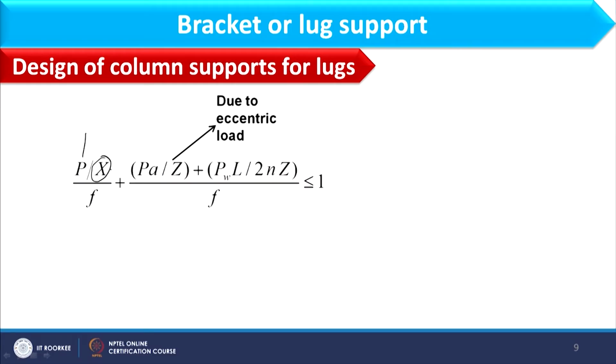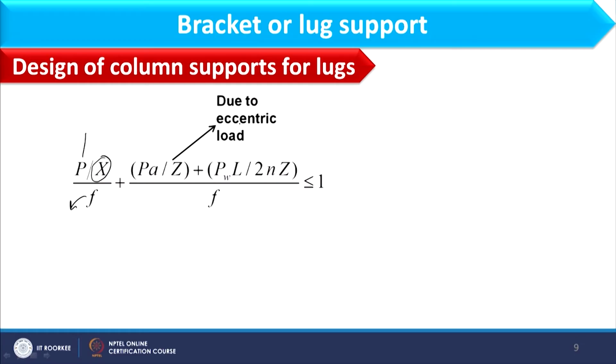X is the cross sectional area of the column. F is the allowable stress of the column. A is the arm that we have seen in the last slide, divided by Z. Z is basically the modulus of the structure.